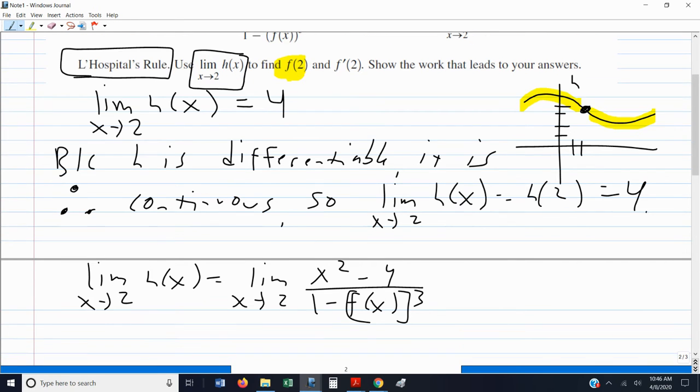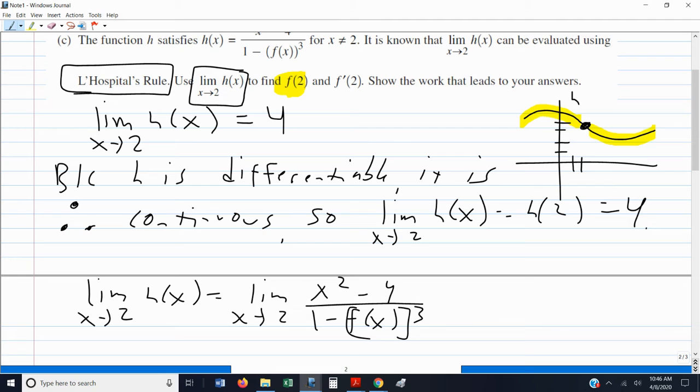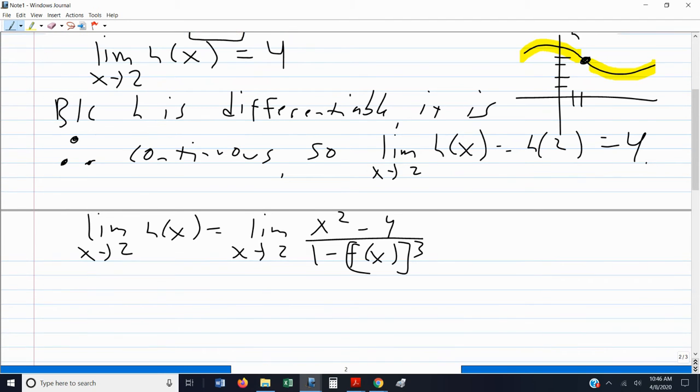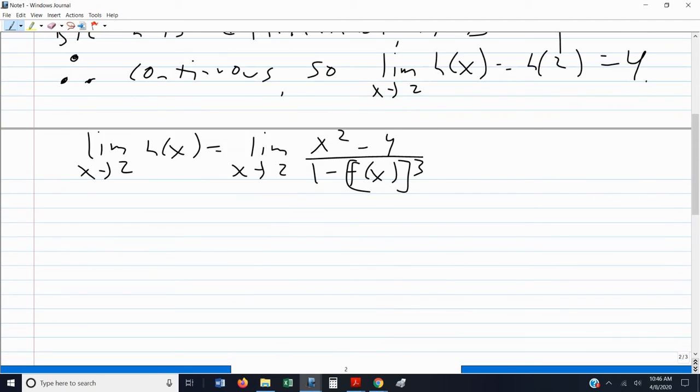The fact that I am allowed to use L'Hopital's rule on this function means that when I plug in 2 to the top, think about what I would get.